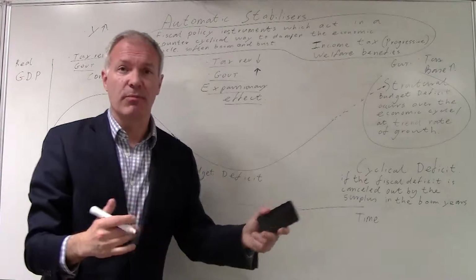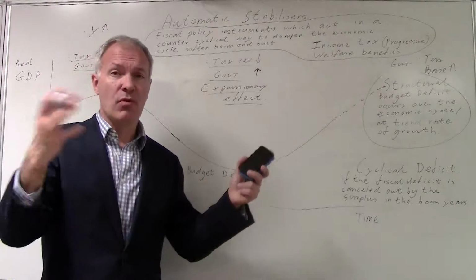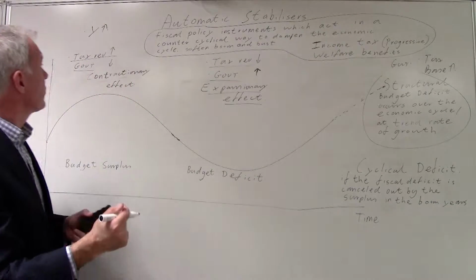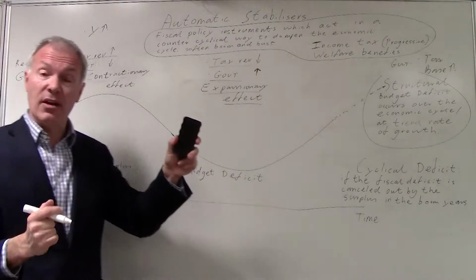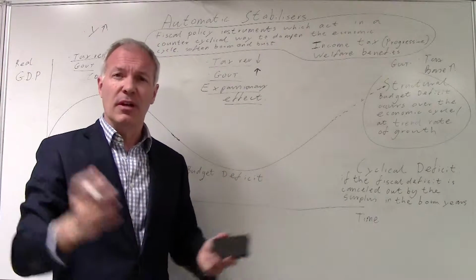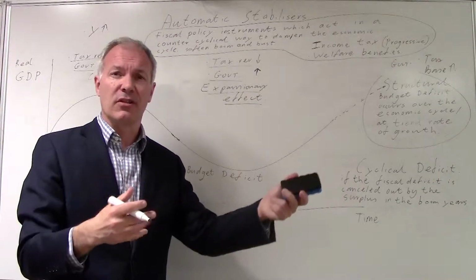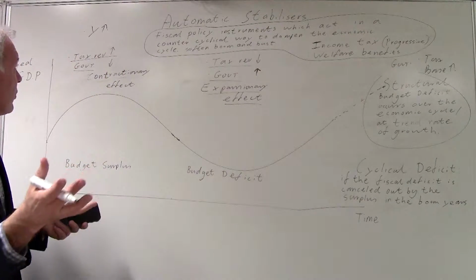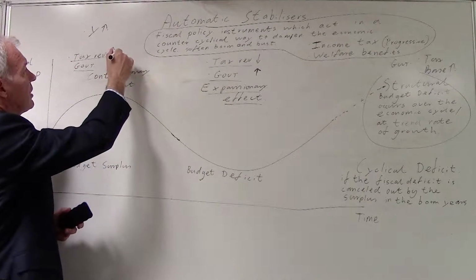As your income goes up, you'll pay more revenue to the government, and so tax revenue will increase. And of course you might go into higher tax brackets, and so you pay overall a higher proportion of tax to the government on the whole of your income. So tax revenue will increase.